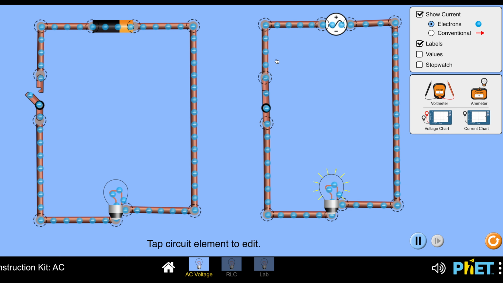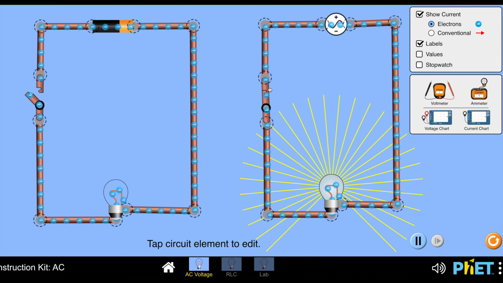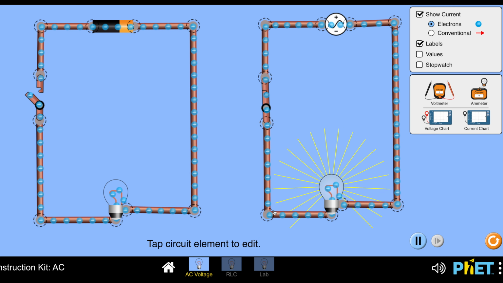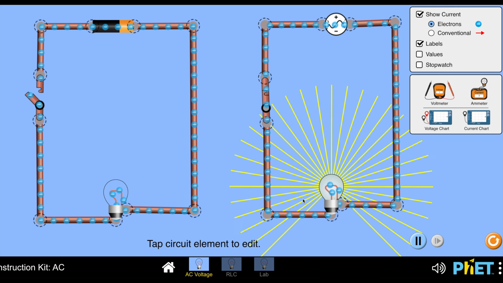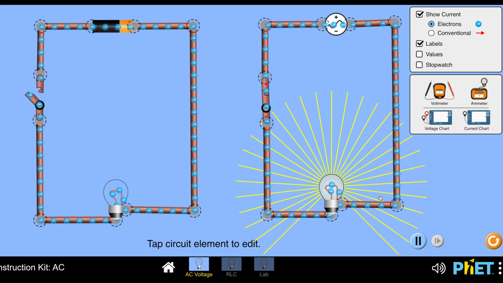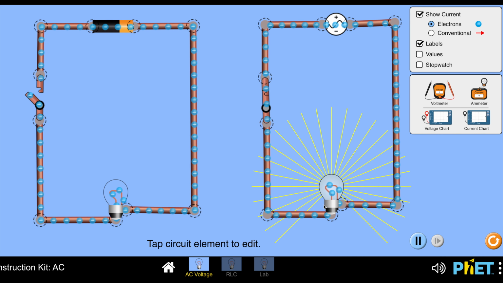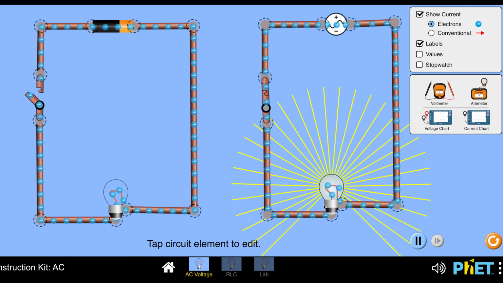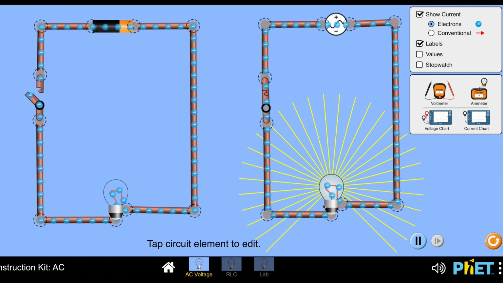This one's quite different. As we can see, the electrons aren't passing in one direction, but they're alternating. They're alternating very quickly and constantly changing direction. As a result, the brightness of the bulb changes and the bulb actually flickers. This is what we saw before. Let's go back to our table.